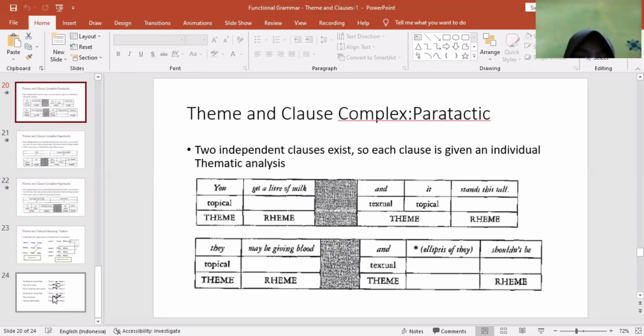The next example: "They may be giving blood." "They" is topical theme, and "may be giving blood" is Rheme. "And" is textual theme, with ellipsis of "they," and "shouldn't be" is Rheme.